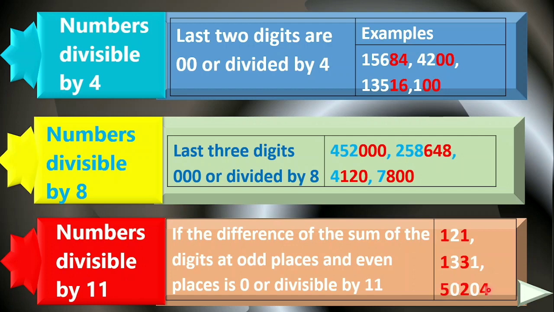In 50,204, odd places are 5, 2, 4. Add these 5, 2, 4, we get 11.